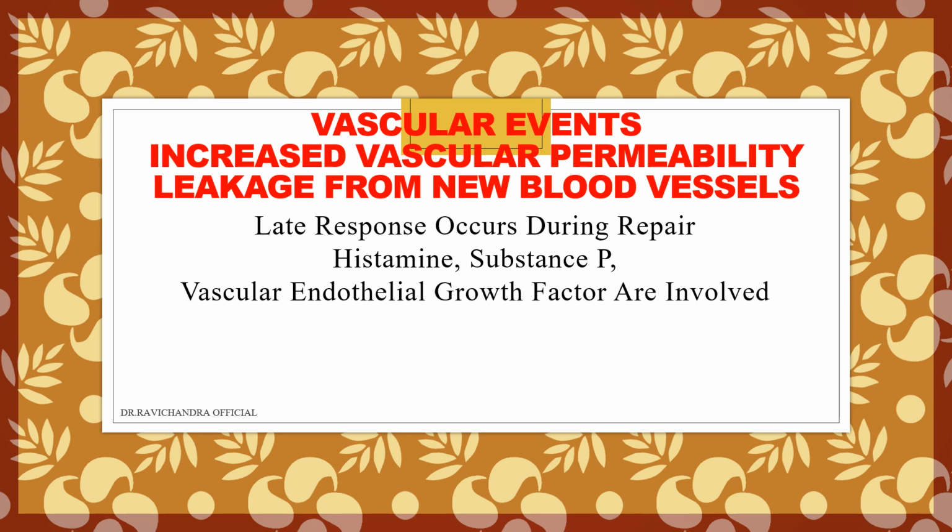Leakage from the new blood vessels resulting in increased vascular permeability is a late response and it occurs during repair. Histamine, substance P, and vascular endothelial growth factors are involved in this process of increasing vascular permeability.